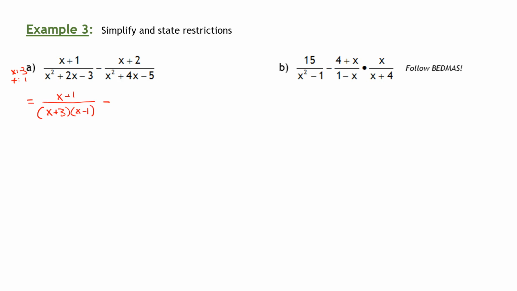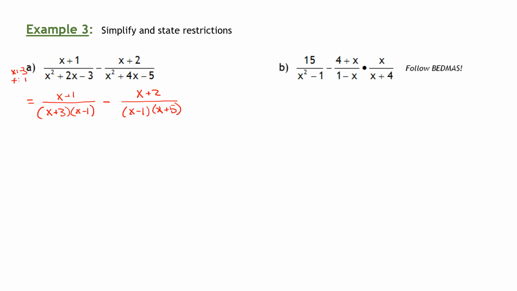Our first numerator, can't do anything with that. We're just on step 1, which is factoring. And the second denominator factors to x minus 1 and x plus 5. Step 1.